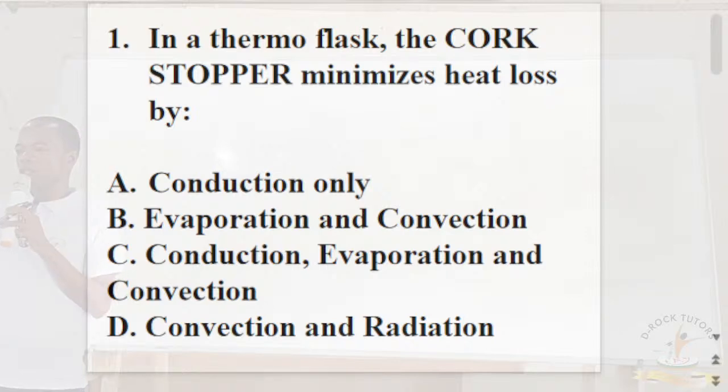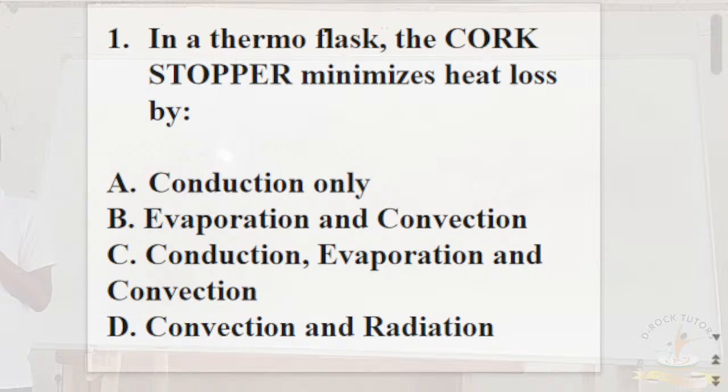Not only that, because the cork stopper plugs the flask and prevents whatever fluid is present from escaping into the atmosphere, it also minimizes loss by evaporation of the liquid stored in it. And not only that, it minimizes loss by convection.